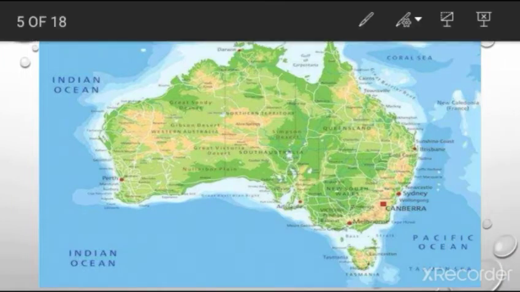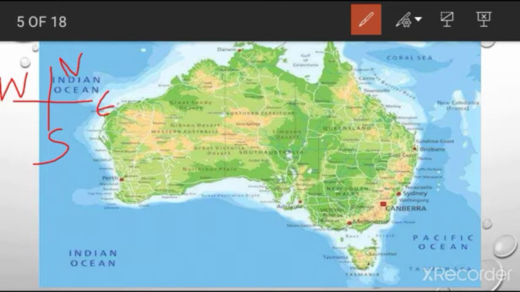This is our Australia, the country as well as the continent. Unlike other continents, Australia doesn't have many countries because Australia is referred to as both continent and country. Now we are going to remember the states present in Australia. Before that, you have to know directions: north, south, east and west. If you know these directions, you can remember these states easily.